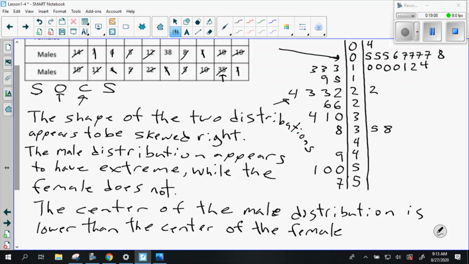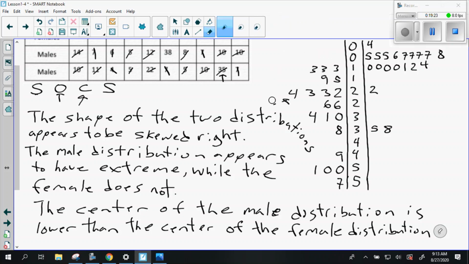All right. Let's talk about spread, variability, right? How spread out is this data? Well, it looks like the data has a fair amount of variability for both of them, right? They seem to be very spread out, right?